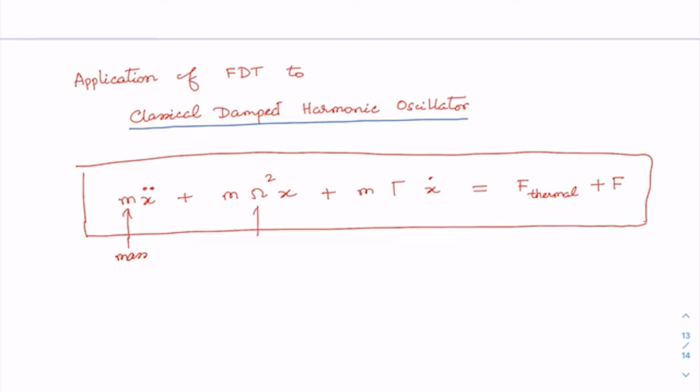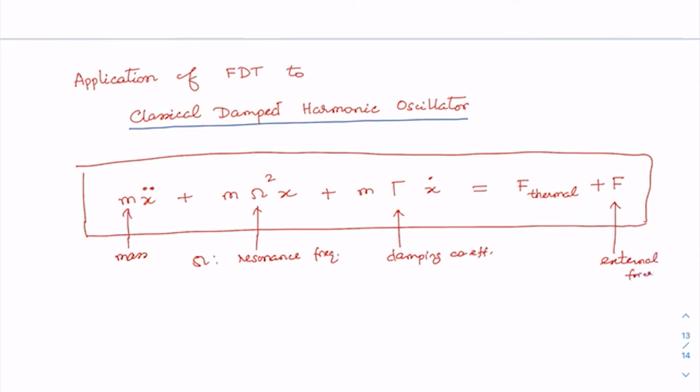This capital omega is the resonance frequency of the harmonic oscillator. This gamma is the damping coefficient. And this F is the external force.